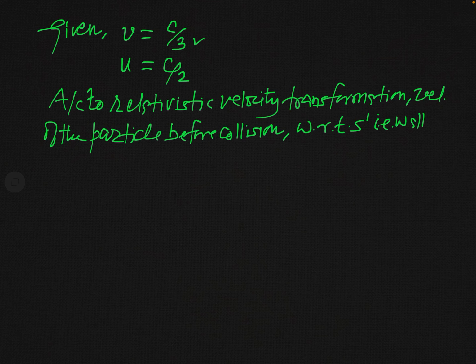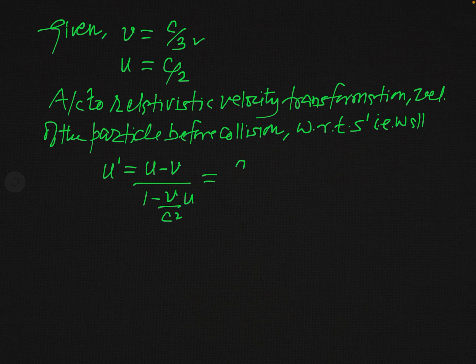The S prime frame I have assumed is attached with the wall, and you know the formula. Since this is one dimensional motion, I am not writing any subscript here, and u prime is equal to u minus v over 1 minus v over c square into u. Now let us substitute the values of all quantities in the RHS of this equation.